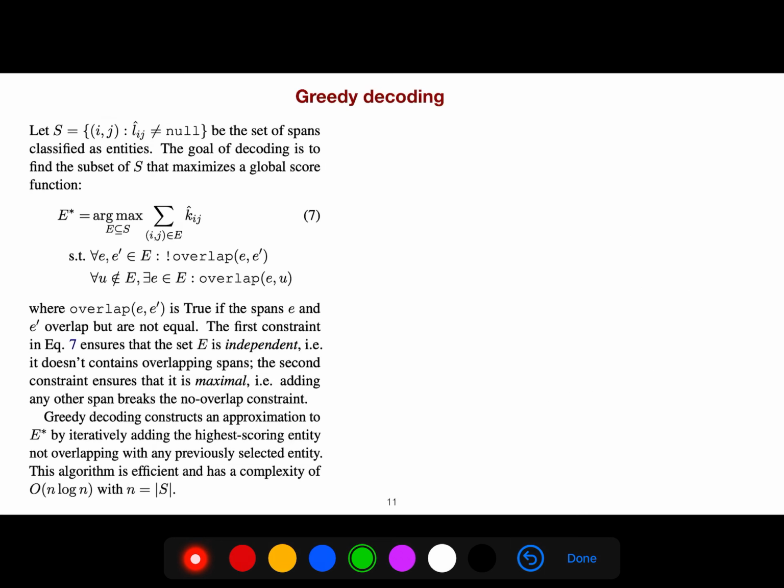And then for greedy decoding, the goal of decoding is to find a subset of S that maximizes the global score, because if you have two different spans, some of them may overlap, and the selected spans may not overlap.